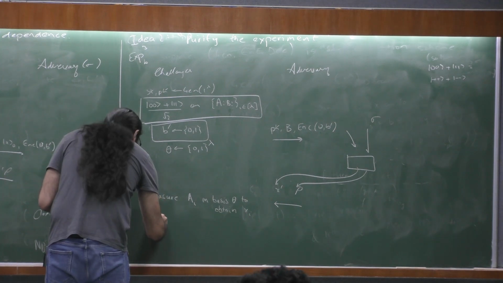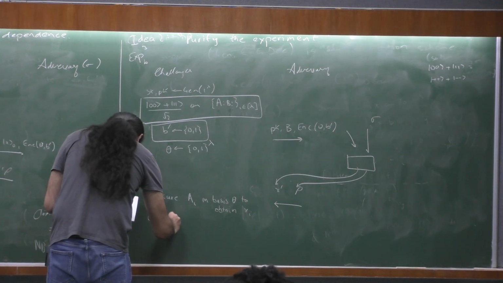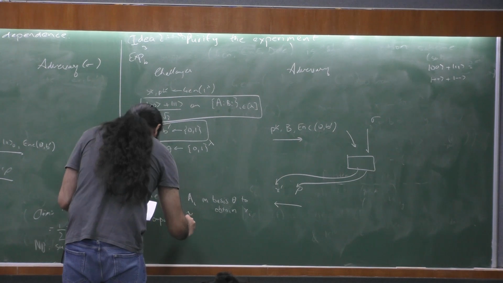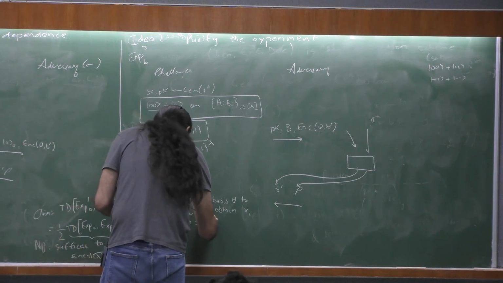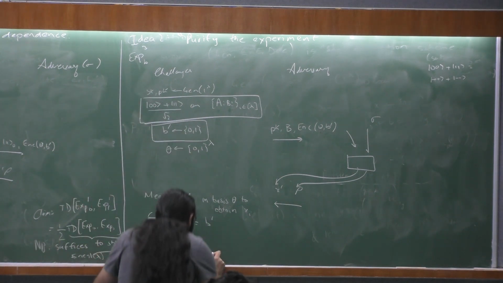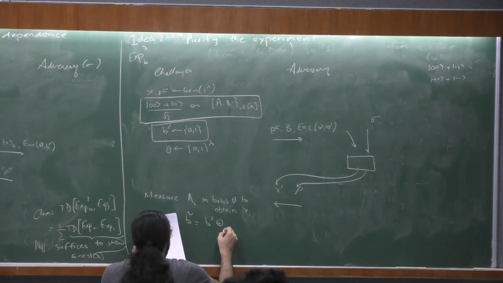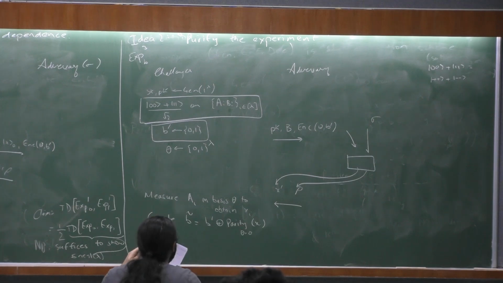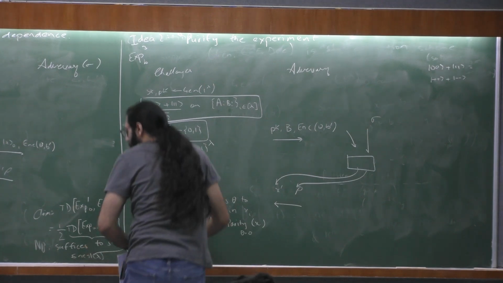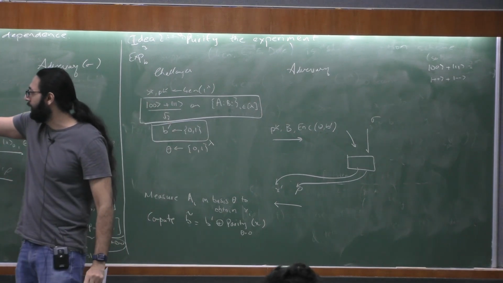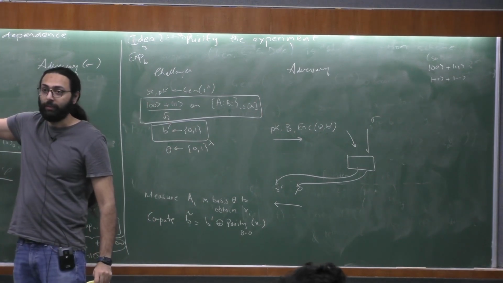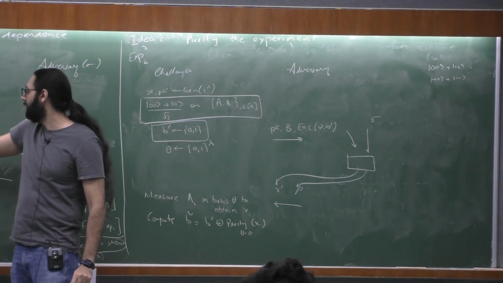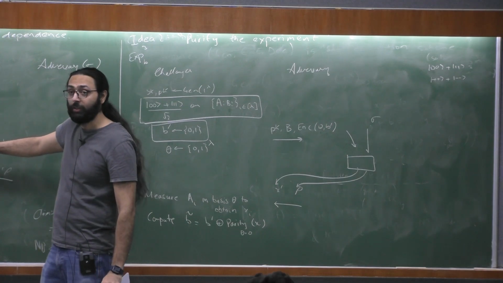Okay, and then you compute, and now you compute B tilde as B prime XORed with the parity of x where theta equals 0. Okay. And so now this B tilde is playing the same role as the B tilde we chose here. Okay, so what we did was we chose B tilde and then we encrypted it as follows.